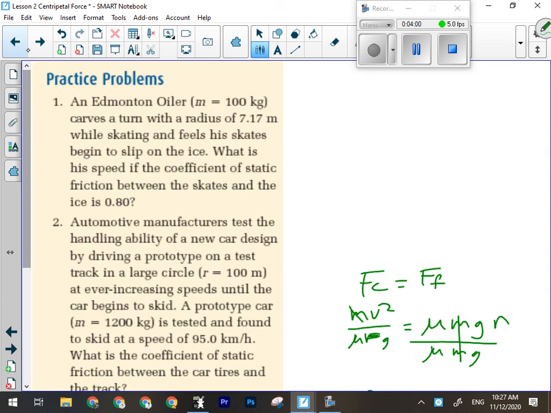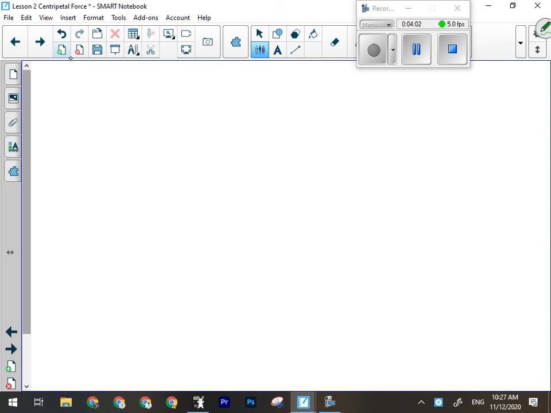Now, let's just do a quick banked curve review here because we haven't talked about that yet. Write this one down as just a quick banked curve review.